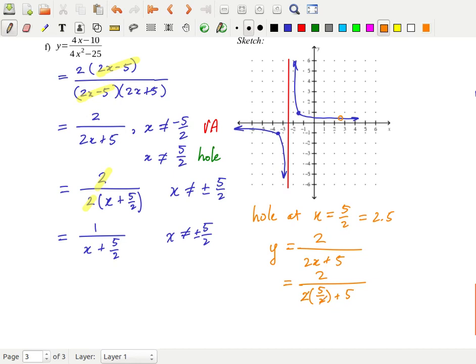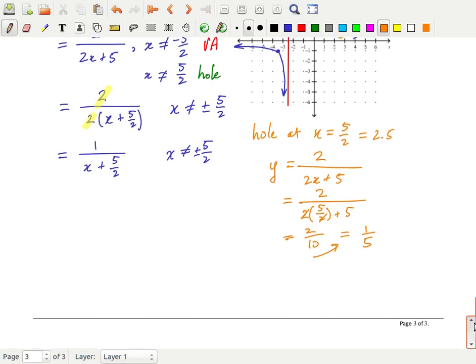The 2's divide out there, and you end up with 2 over 5 plus 5, which is 2 over 10, which is 1 over 5. So we end up with a hole having coordinates here of x coordinate of 5 halves, a y coordinate of 1/5. And that takes us to the end of our worksheet.